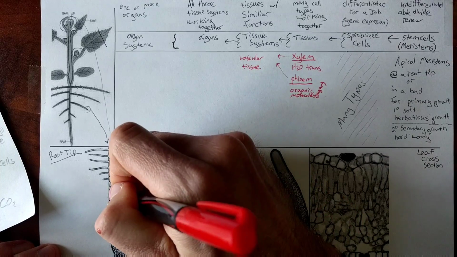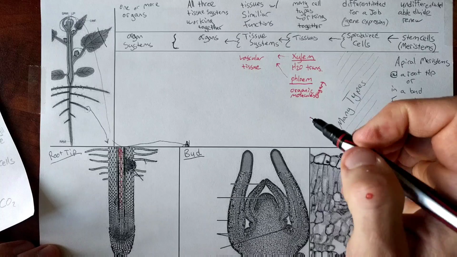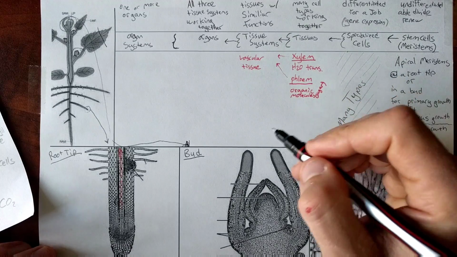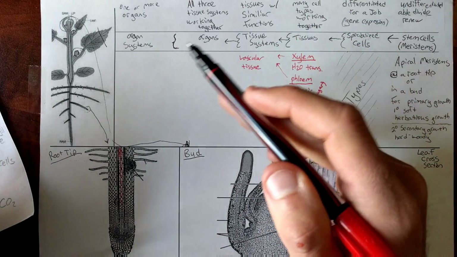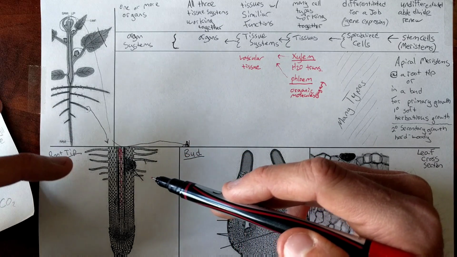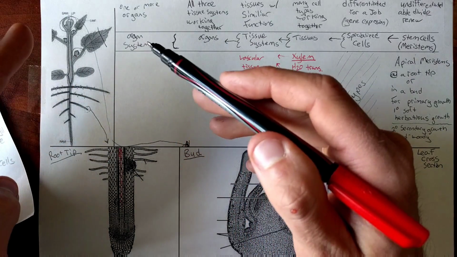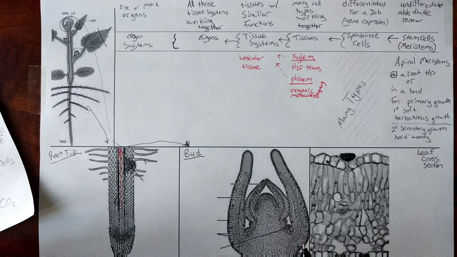Xylem bringing water from the root tip up to the leaves, and phloem in there bringing sugars down from the source in the leaves to the sink in the roots. Unless it's springtime, in which case maybe roots are giving up stored sugars and sending them out to newly developing leaves.